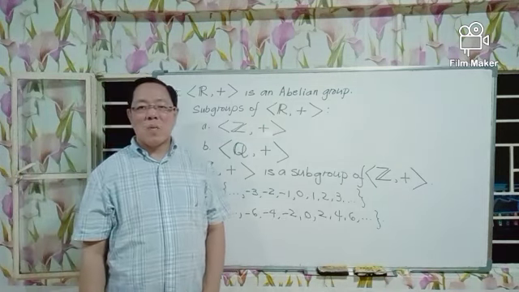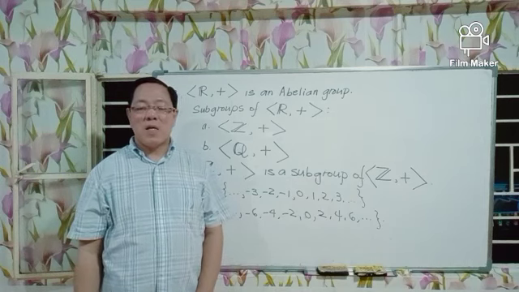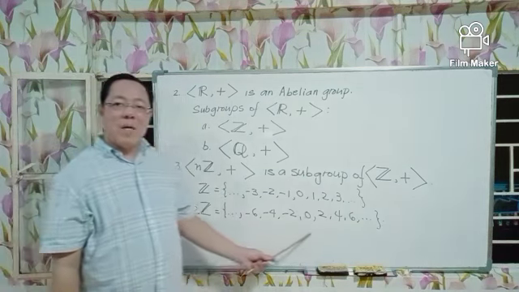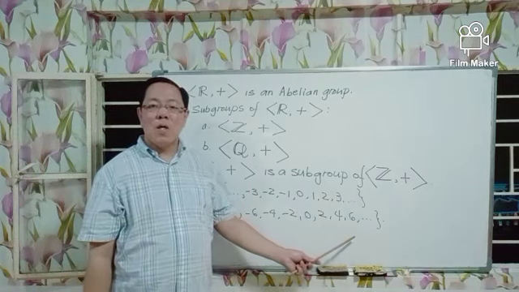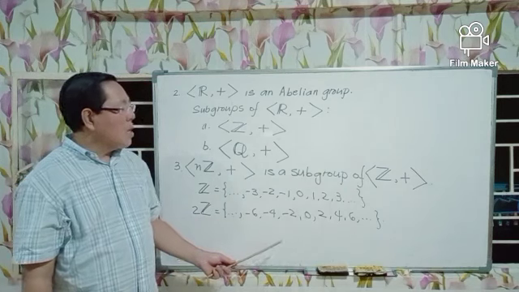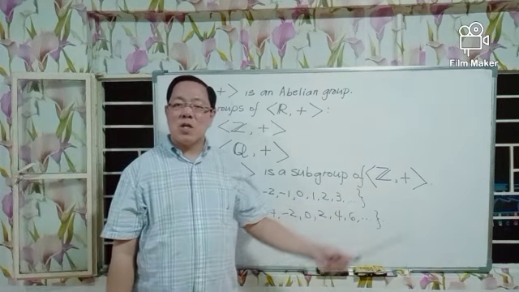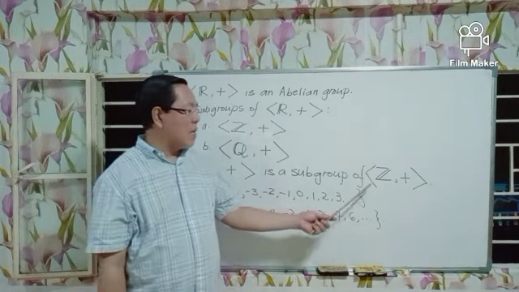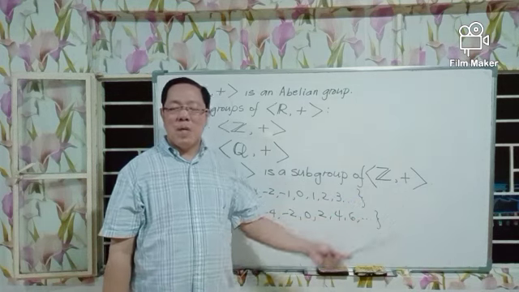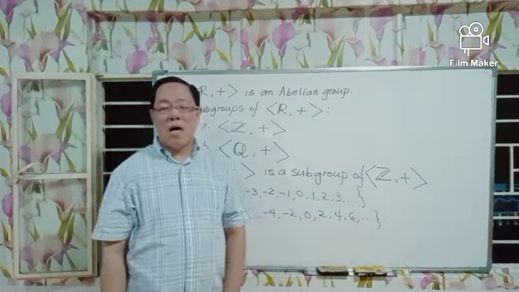Thus, the third property of a subgroup is also satisfied. And we have just shown that 2Z, with these elements that are multiples of 2, under the binary operation addition is a subgroup of the set of integers under addition.